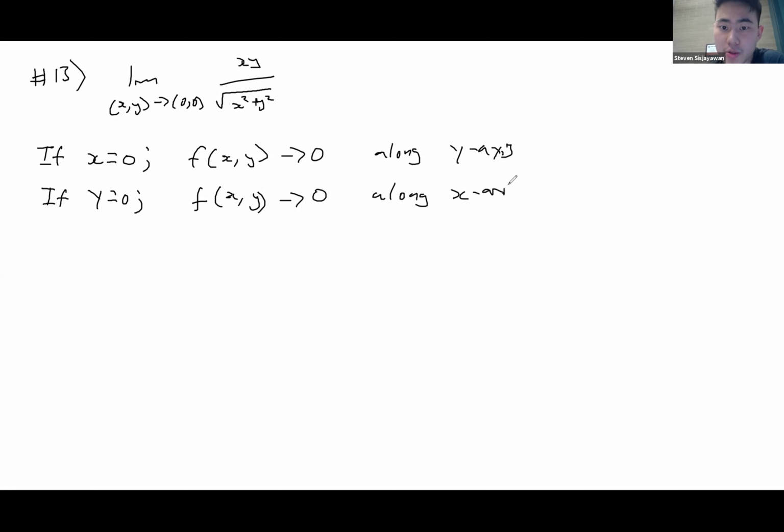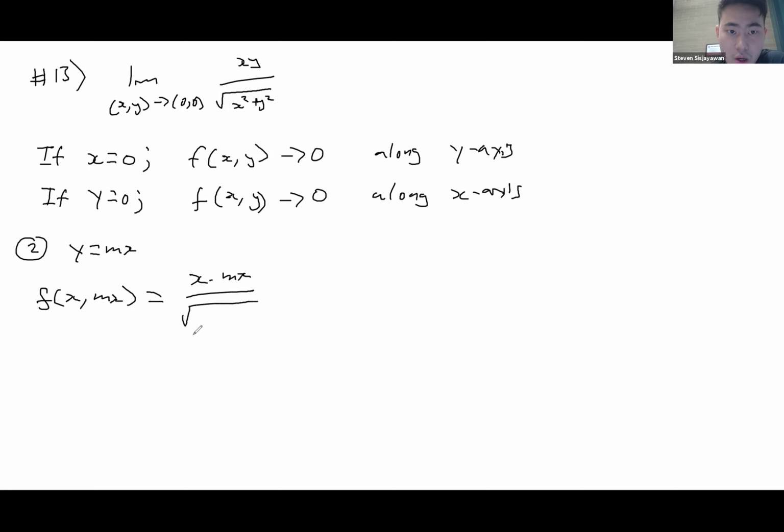All right, so that was step number 2 done. Again, this is a rational function, so I can't have a 0 underneath. All right, now the second thing I want to do again, from the steps before, is set y equal to mx. Right, so if you look at f of x comma mx, we get x times mx all over the square root of x squared plus m squared x squared, right?